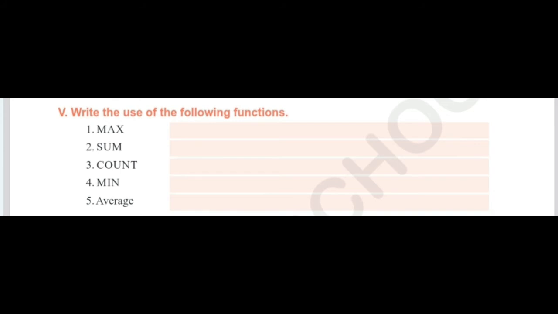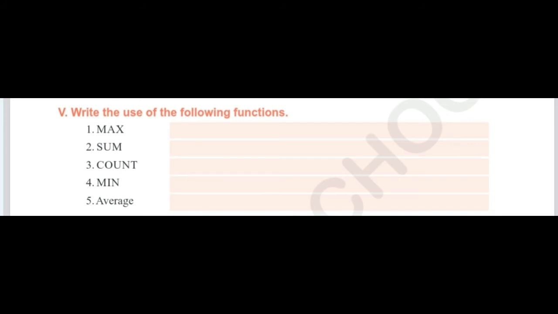Write the use of the following functions. They have given function names. We have to write the use of the following functions. The first one, MAX. It will return the maximum value in the selected range of cells. SUM. It will return the addition of the values, the sum of the values. COUNT function counts the number of values.